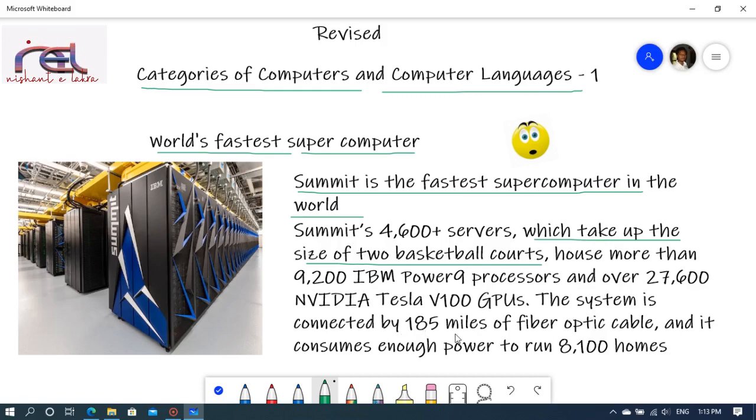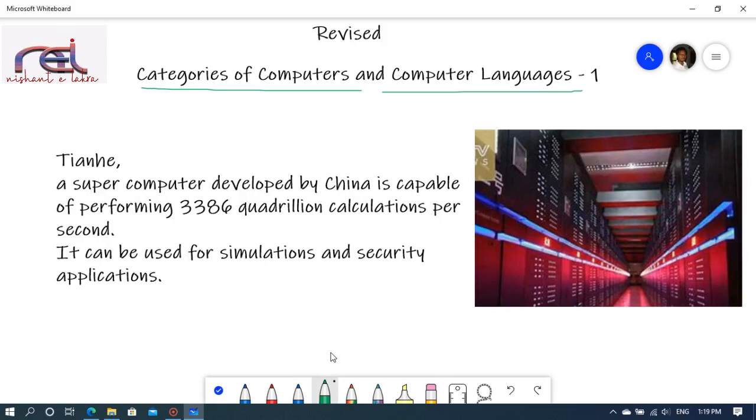It houses more than 9,200 IBM Power 9 processors and over 27,600 NVIDIA Tesla GPUs, graphical processor units. The system is connected by 185 miles of fiber optical cable, and it consumes enough power to run 8,100 homes. This was developed by IBM.